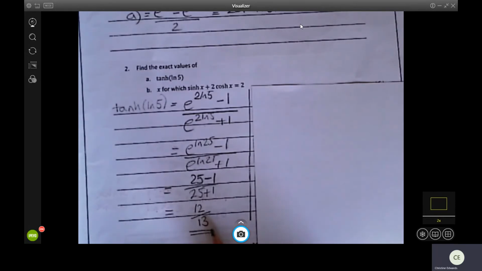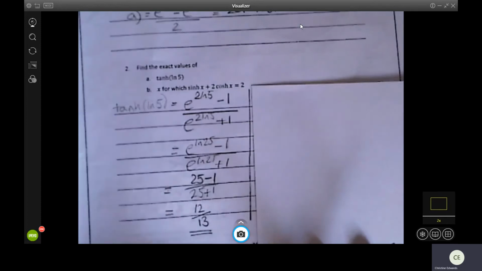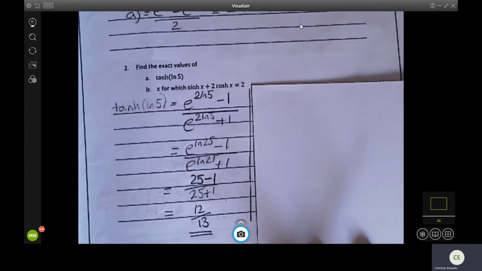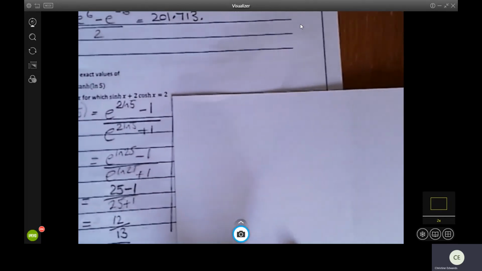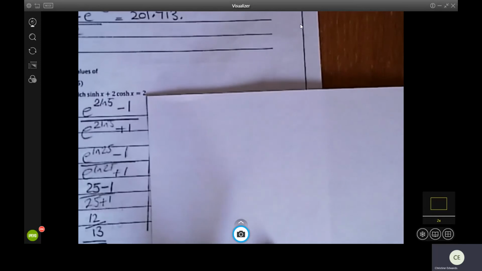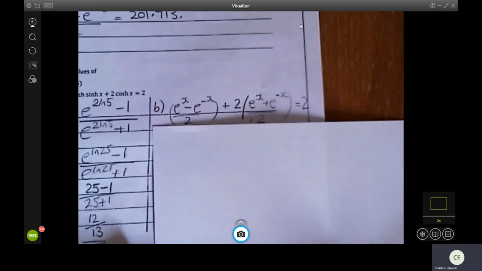We are then asked in part B to solve an equation involving hyperbolic functions. So if we are solving, we can use the definition, so we can convert it to a question in terms of exponential functions.